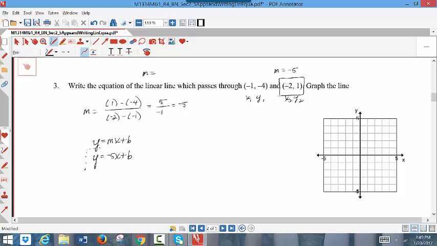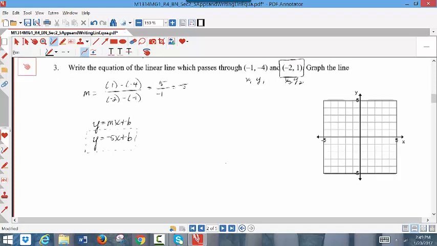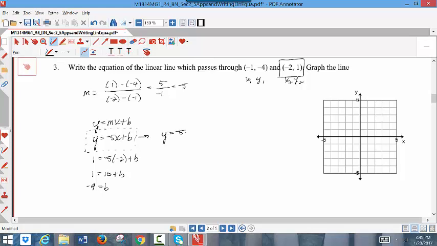This is almost the answer. Now, to get b, I use the point (negative 2, 1), replacing the x with the negative 2 and the y with 1. Then I get 1 equaling a positive 10 plus b, and when you subtract 10 from each side, your b value is 9. So now your equation is y equaling negative 5x minus 9.